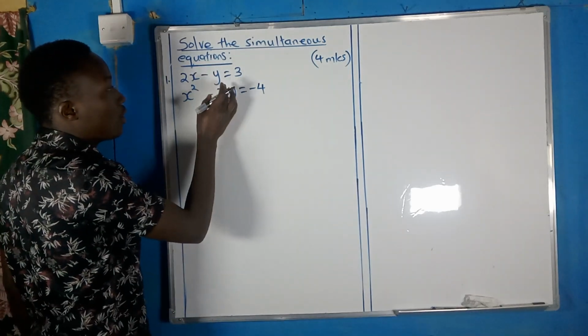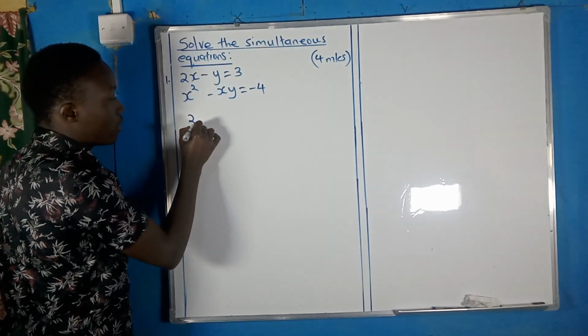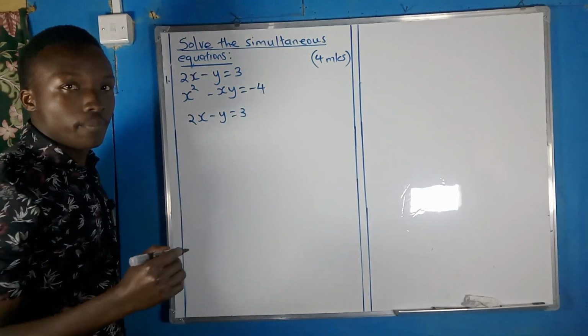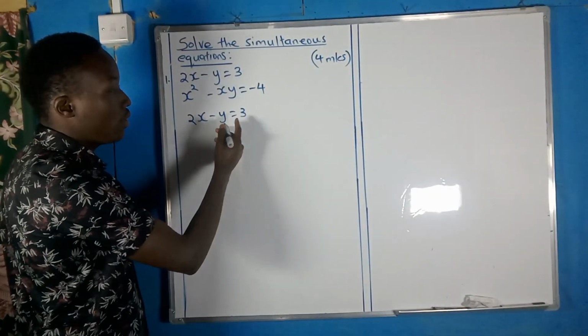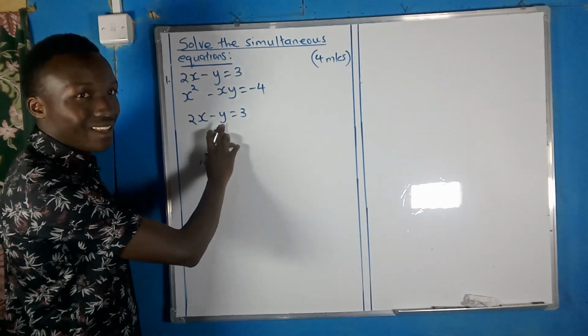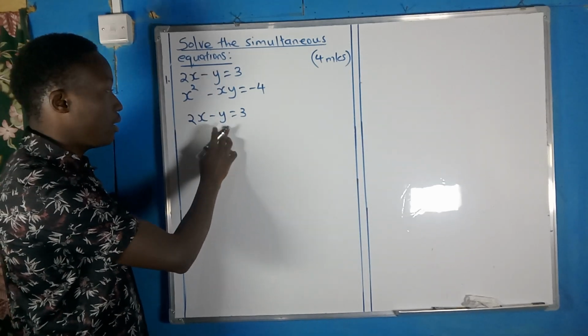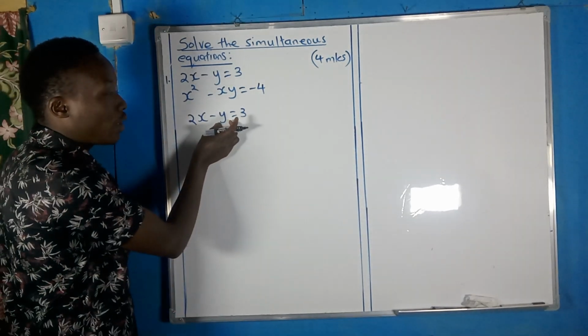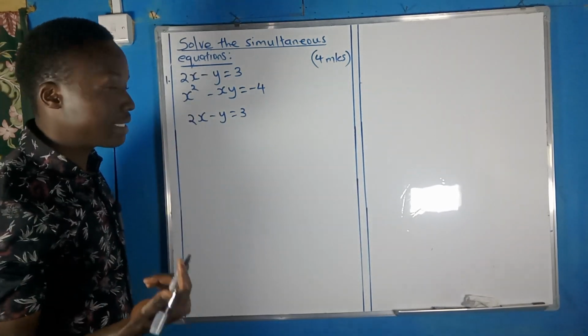So we are going to take the first equation, 2x minus y is equal to 3. In our first equation, we can decide to make y the subject of the formula. Making it the subject of the formula simply means we ensure that y is on one side of the equals sign.